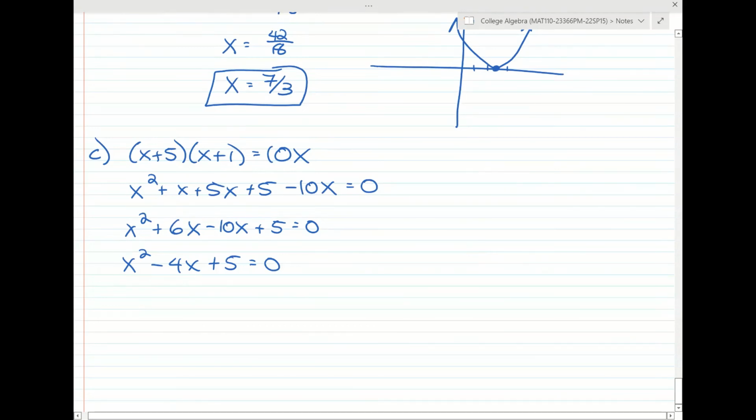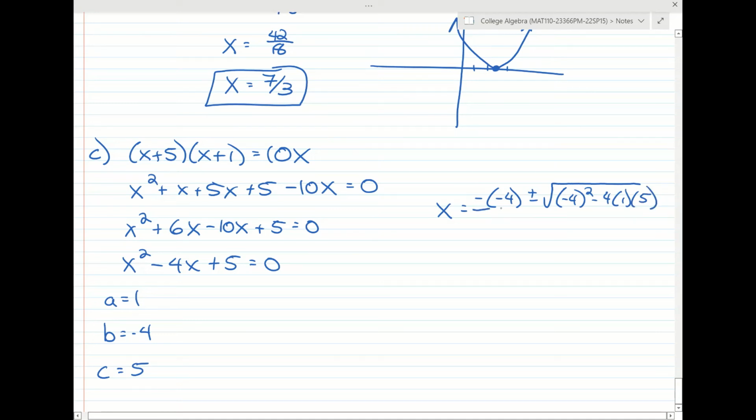I don't think we could factor this, so we do have to use quadratic formula, where a is 1, b is -4, and c is 5. So we'll say that x is equal to the opposite of b, plus or minus the square root of b squared minus 4ac all over 2a, or 4 plus or minus the square root of 16 minus 20 would just be -4.